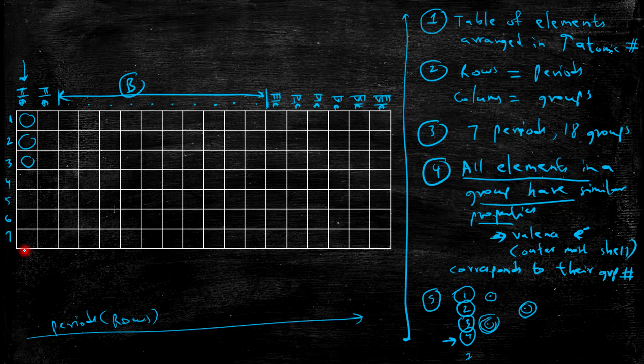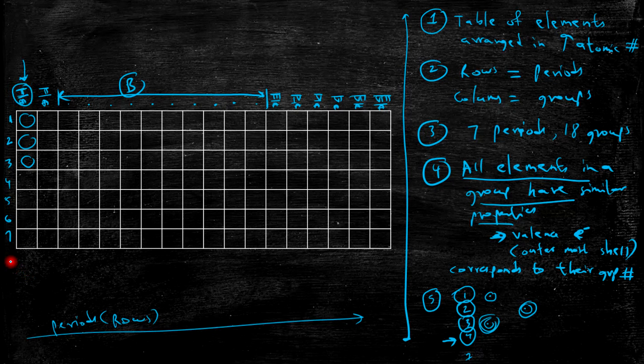The outermost shell number will vary. So this element's outermost energy level is 1. This element here will have an outermost energy level of 2. But each one of them will have only one valence electron, meaning only one electron in the outermost energy level or shell, because they belong to group 1A.